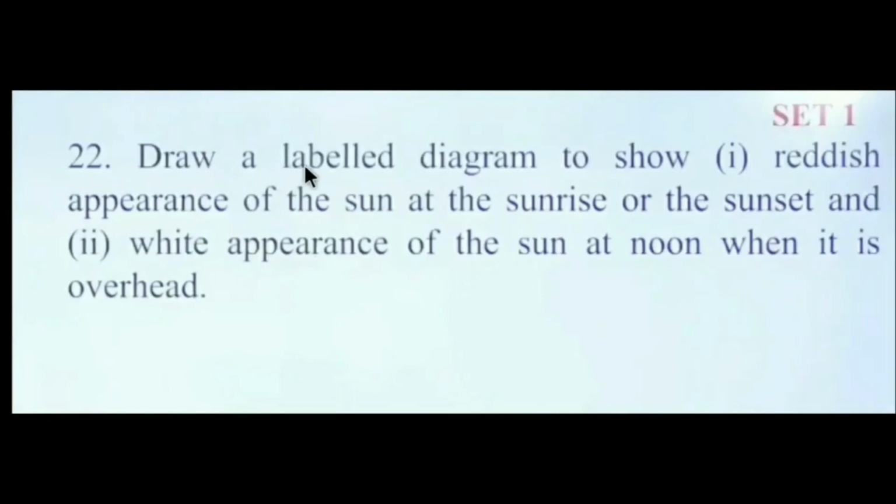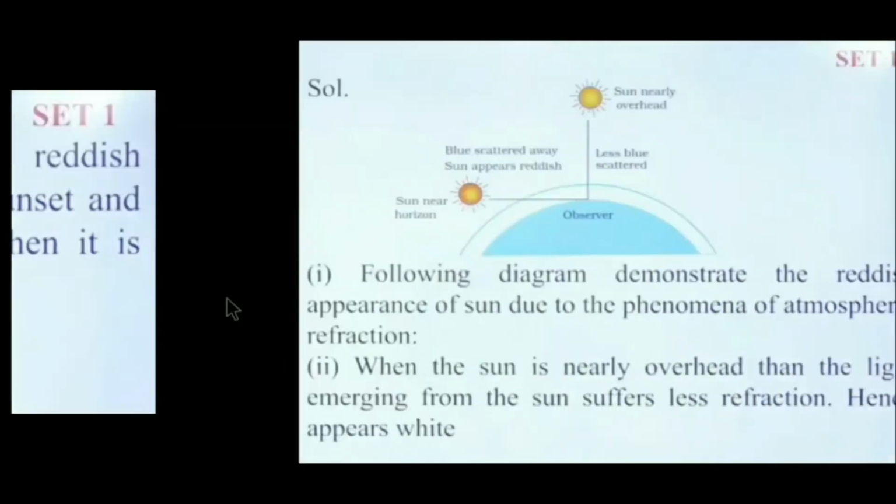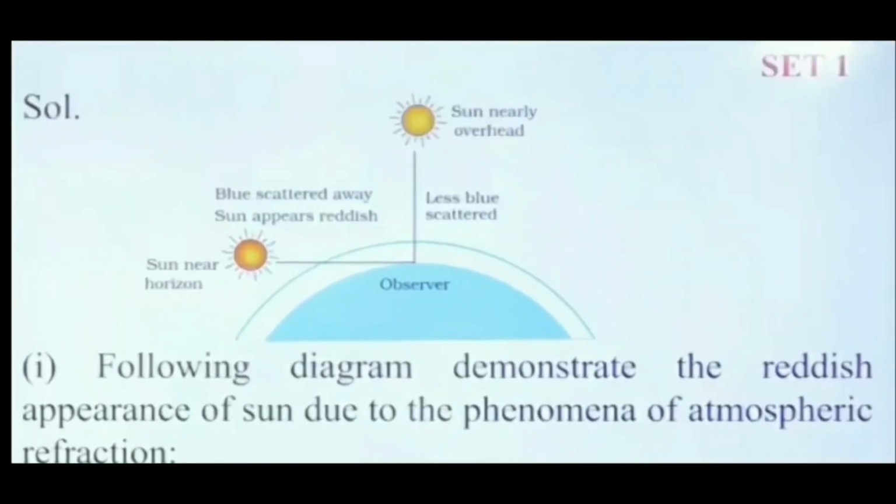Then such a question also came: draw a labeled diagram to show the reddish appearance of the sun at sunrise or sunset and the white appearance of the sun at noon when it is overhead. So you have to write and draw this type of diagram.